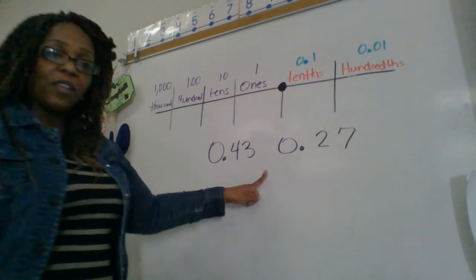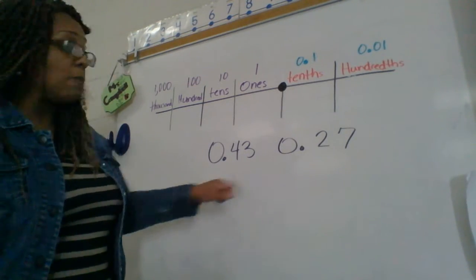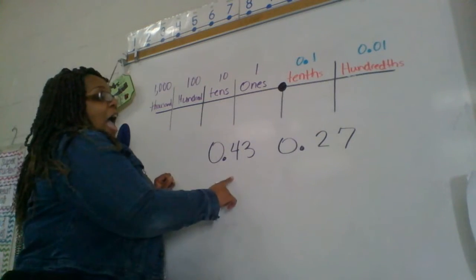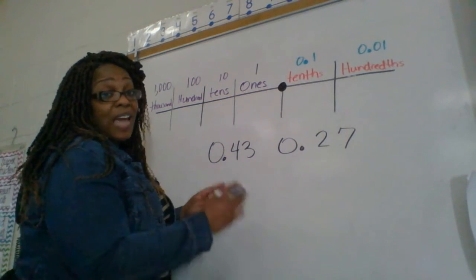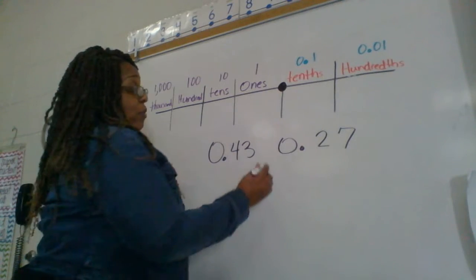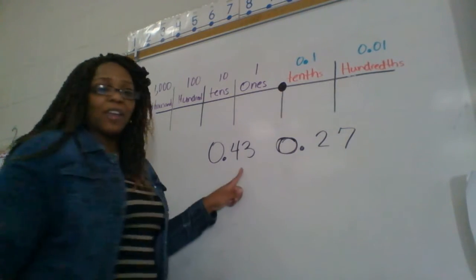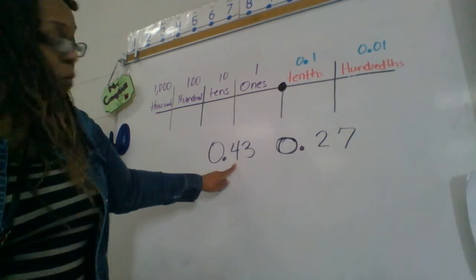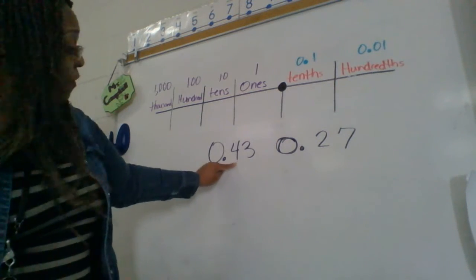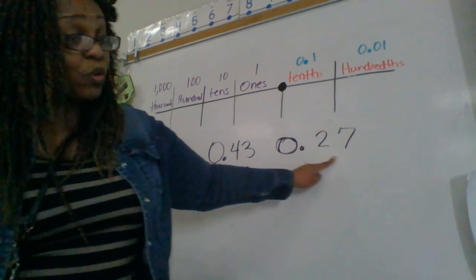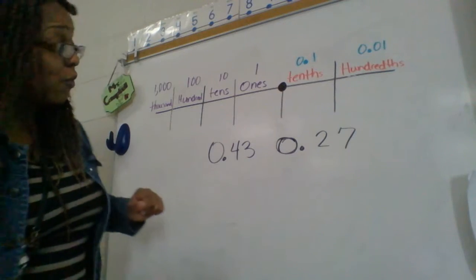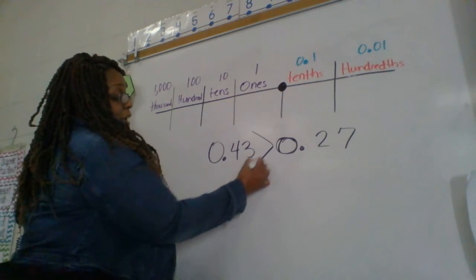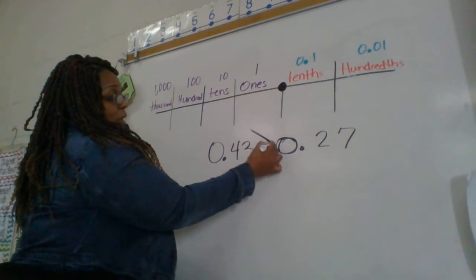So for me to figure out which one is greater than or less than, I can line these numbers up on top of each other and figure out the order that way. Or you can just think of it like I had told you before, as money. Which is the most, if you have 43 cents or 27 cents? Of course, this one is going to be greater than that one.